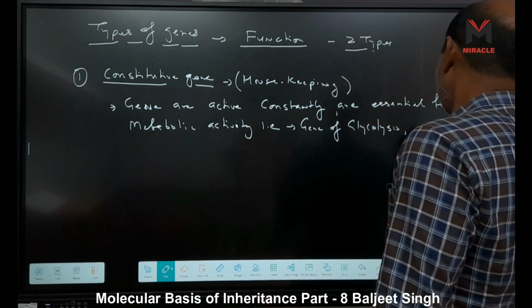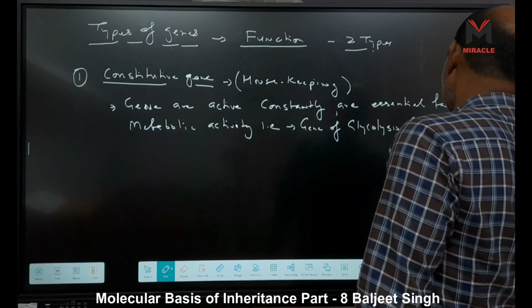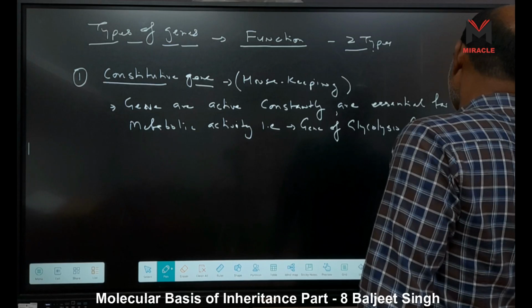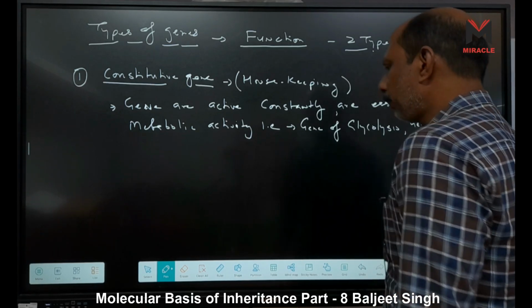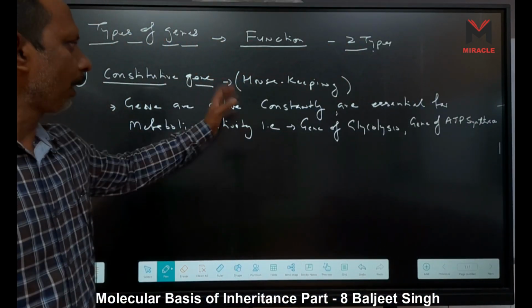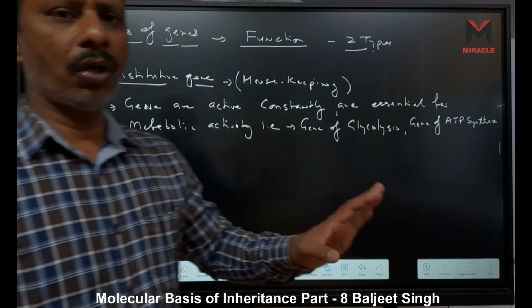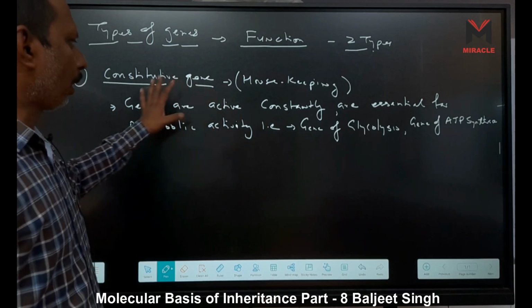Or we can say genes of ATP synthase, because ATP synthase is also continuously formed in our cell. So these genes are continuously working, they have no switch on, switch off, they never rest, right? So these are called housekeeping genes or constitutive genes.